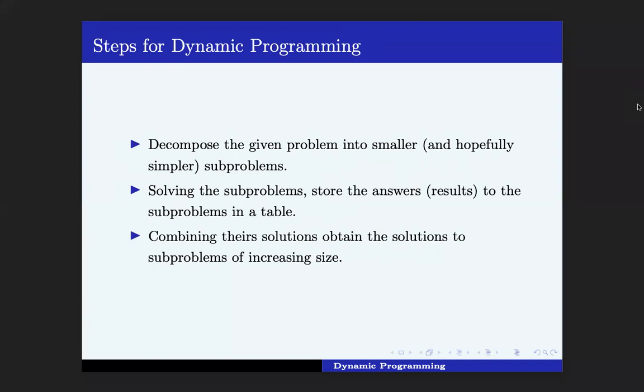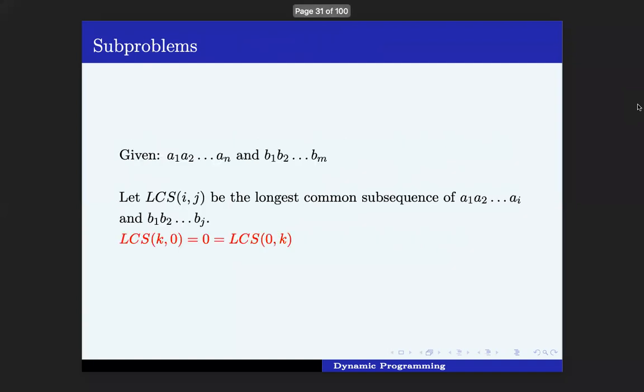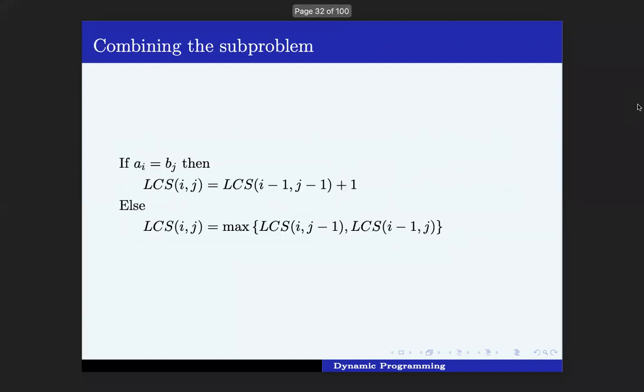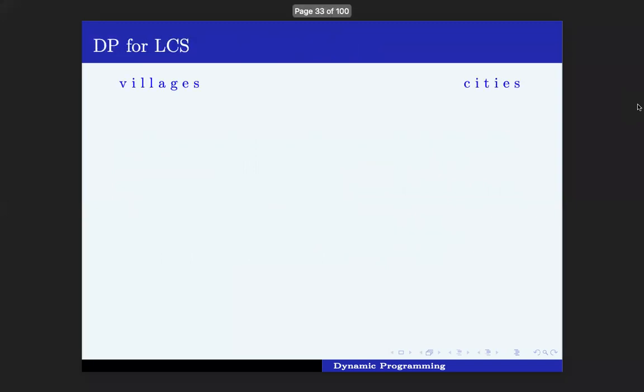I have gone over it a little bit earlier, but let me give you this example over here. The idea is that I have LCS(i, j) that I have to solve. I can be between 1 to n, j can be from 1 to m.